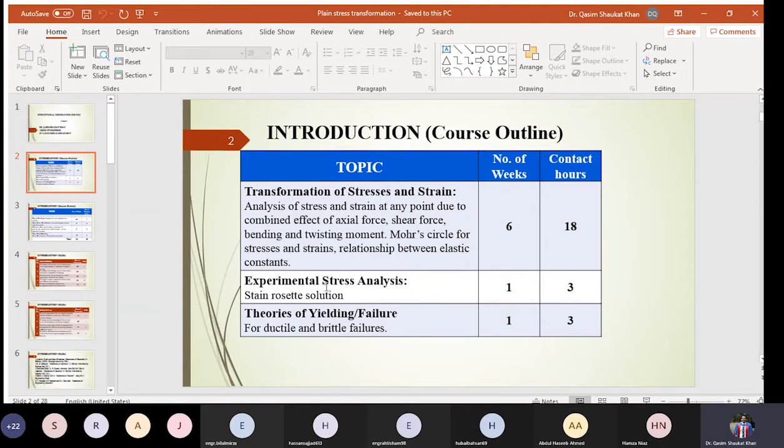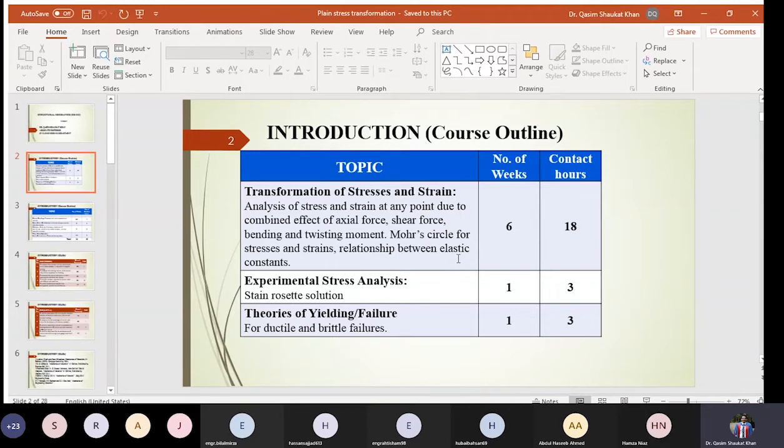What we do in this strain rosette solution is attach strain gauges on the beam element. Let's say one strain gauge is vertical, another strain gauge is at 45 degrees to the vertical strain gauge, and the third strain gauge is horizontal. So this pattern of strain gauges can vary.